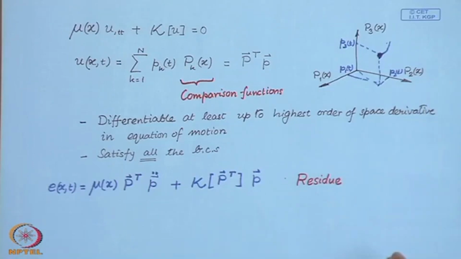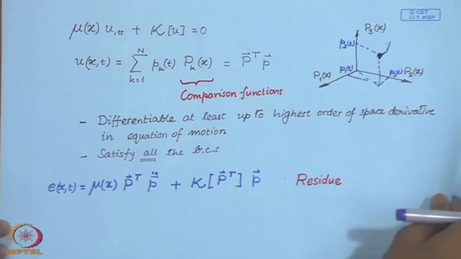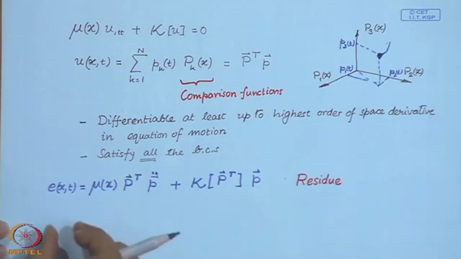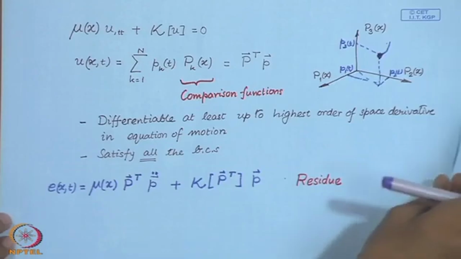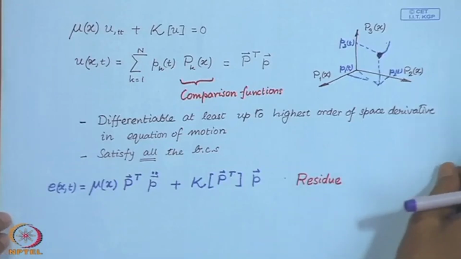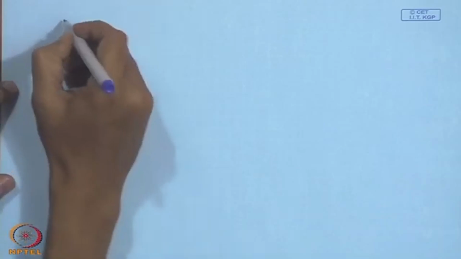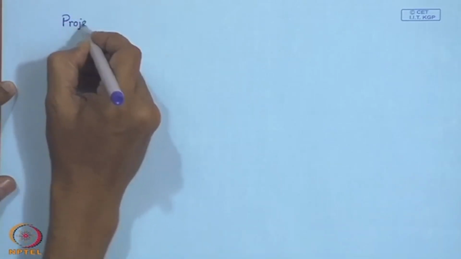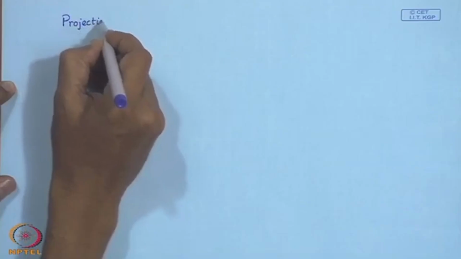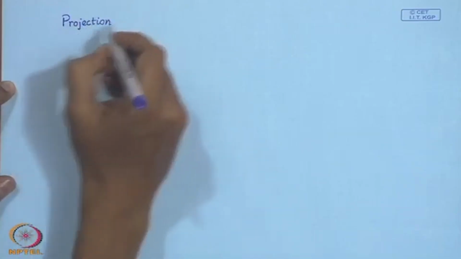What we can do is try to make this residue 0 at certain points. There are various ways of doing it. Here we first introduce the idea of projection.